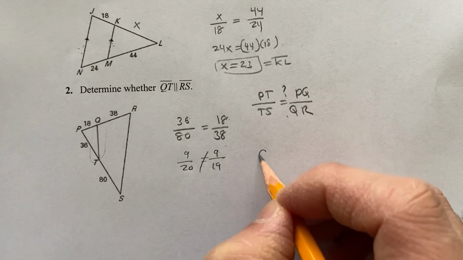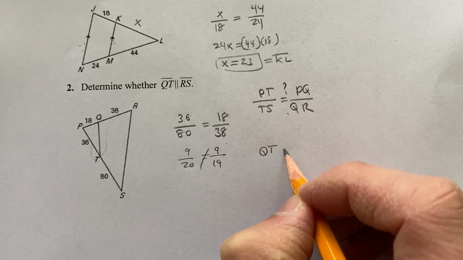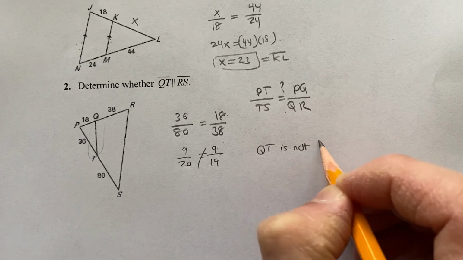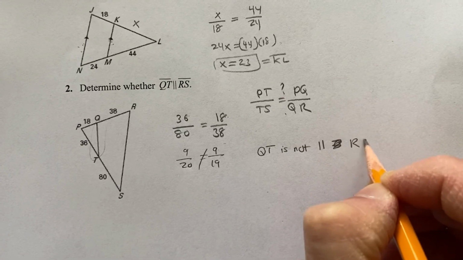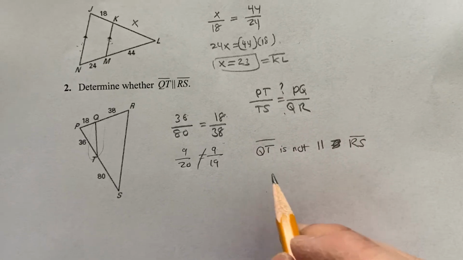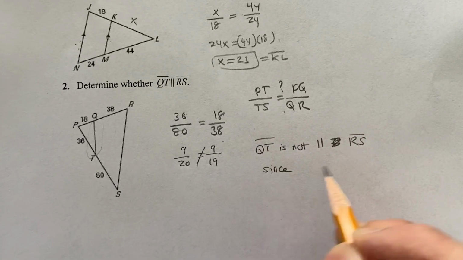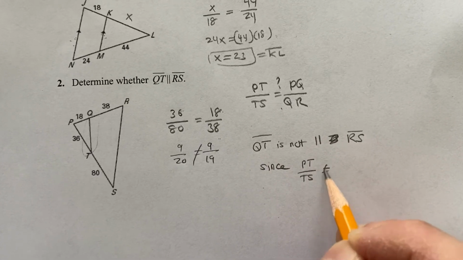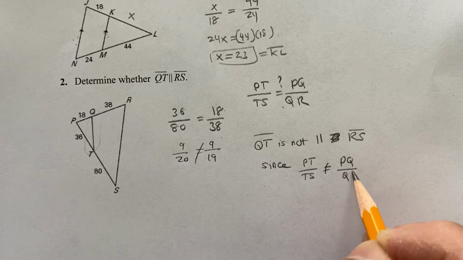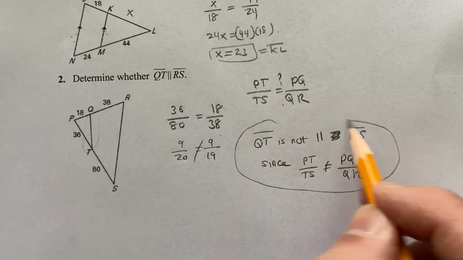So I can say QT is not parallel to RS, since PT over TS does not equal PQ over QR. This would actually be a better explanation.